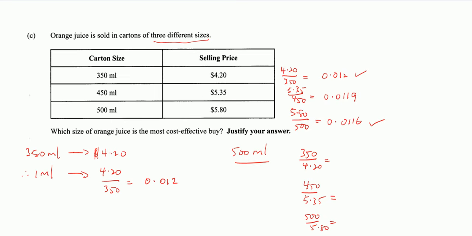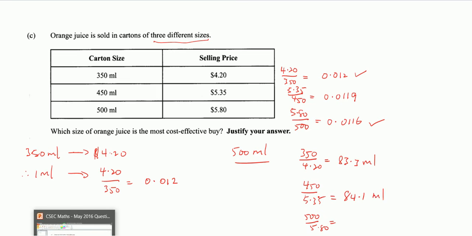So 350 divided by 420 is 83.3 milliliter, or we can say 450 divided by 5.35. That gives us 84.1 milliliter. And the last one is 500 divided by 5.8, which will give us 86.2.